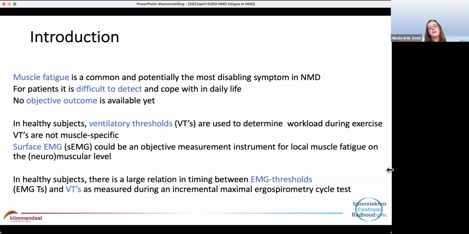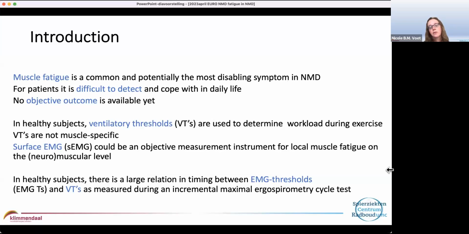So we thought maybe surface EMG could be an objective measurement to measure local muscle fatigue. And we know from previous research that in healthy subjects, there is a large relation in timing between EMG thresholds, so thresholds in the EMG amplitude, and these ventilatory thresholds during cycling.